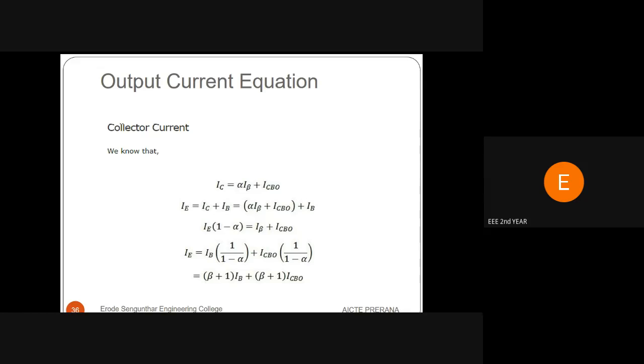Substituting the IC value in the emitter expression, we get IE equal to alpha IB plus ICBO plus IB. Simplifying this equation, we get IE equal to IB into 1 divided by 1 minus alpha plus ICBO into 1 divided by 1 minus alpha. Write this equation in beta terms: IE equal to (beta plus 1) into IB plus (beta plus 1) into ICBO.